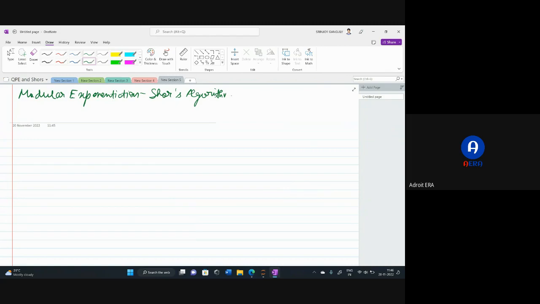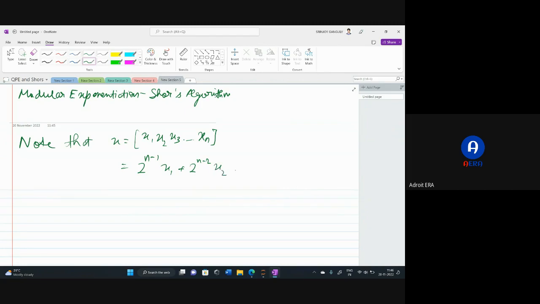Now note that x is equal to x1, x2, x3, and so on up to xn, which in binary you can write as 2^(n-1) x1 + 2^(n-2) x2, and so on, plus 2^0 xn.